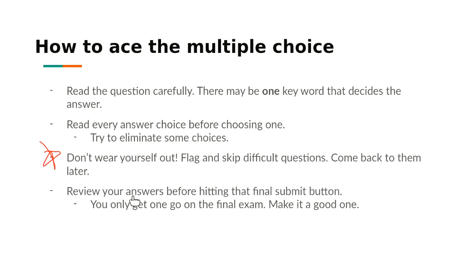Make sure you review your answers before hitting that final submit button. You have 2 hours to take the exam. If you're at 90 minutes, an hour and a half, and you have 30 minutes left, but you've gone through the whole exam, just go back through and make sure, one, you've answered all the questions, and two, that you like your answers.